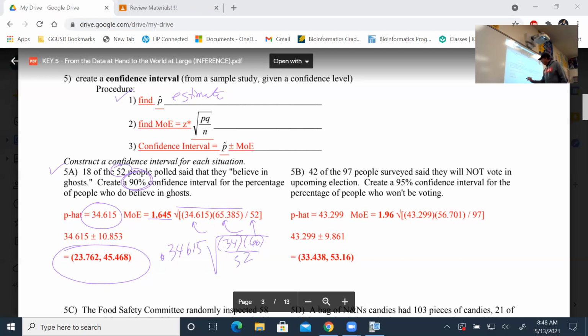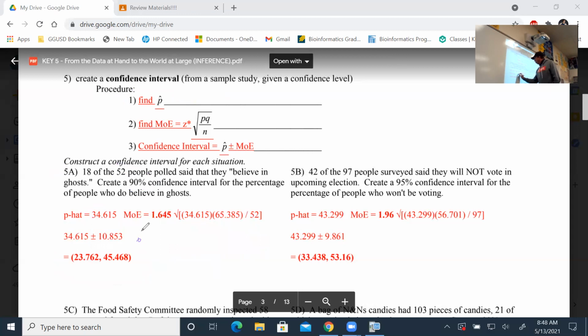Oh, sorry. Plus or minus. I missed this whole thing out. Let's try this again. I'm going to go 0.35 plus or minus 1.645 times 0.35 times 0.65 over n, which is 52. You got to set that up on your sheet.